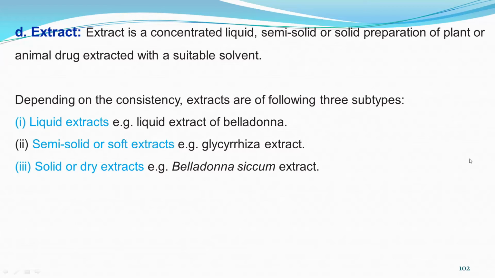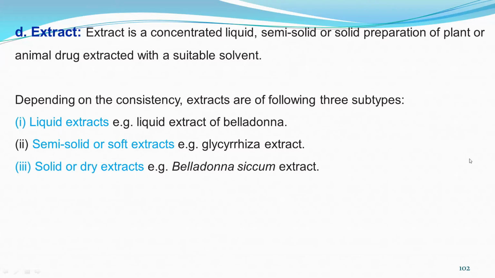Depending upon the consistency, extracts have three subtypes. One is the liquid extract, for example the liquid extract of belladonna. Belladonna is used to reduce diarrhea or abdominal pain.